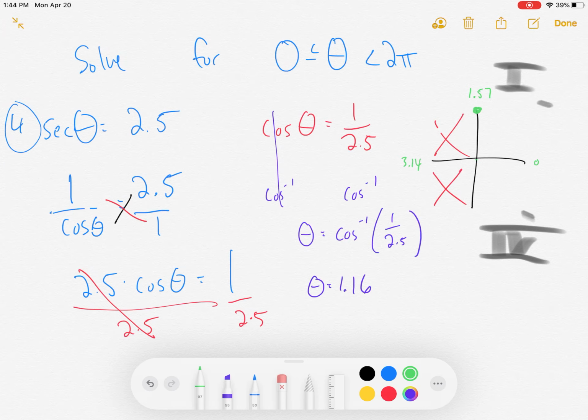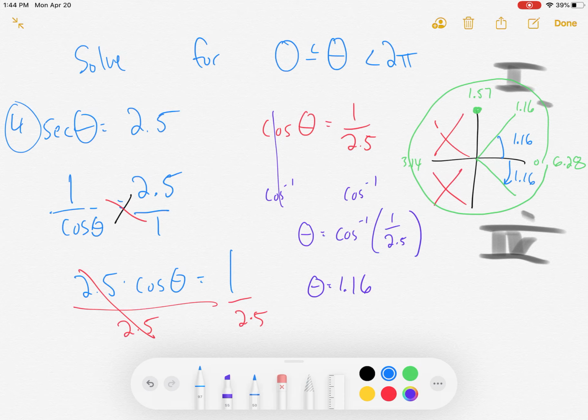That point is 1.57. So where does 1.16 fall? Maybe here. Works for me. Now if I go around the circle, this is 0, and it's also 2 pi, which is 6.28. So I just figured out that my reference angle right here is 1.16.